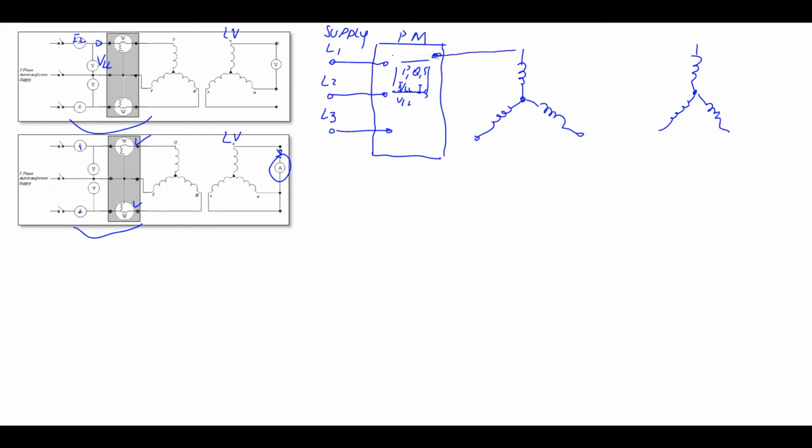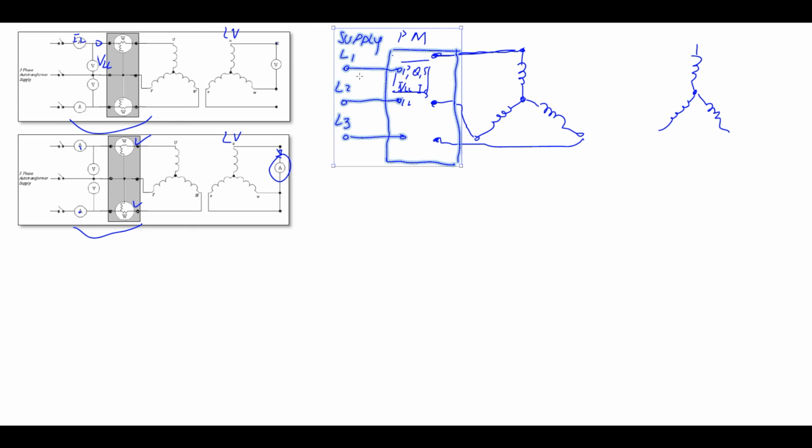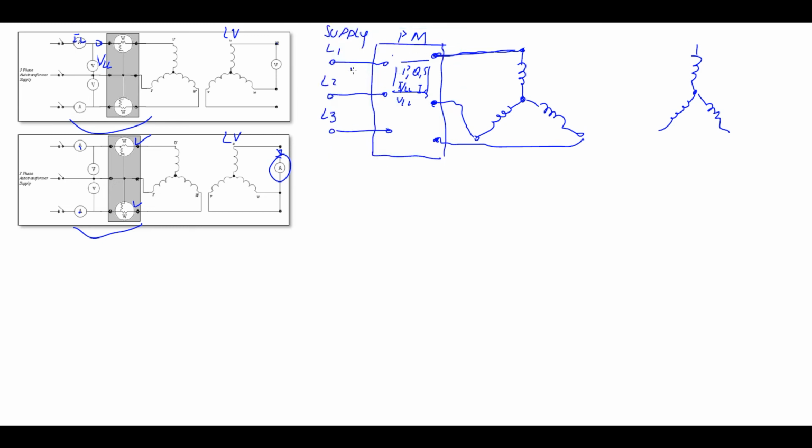I'm going to do something like this. We need 3 wires: the first one here, the second one, the third one, connecting the power supply to our power meter as input.